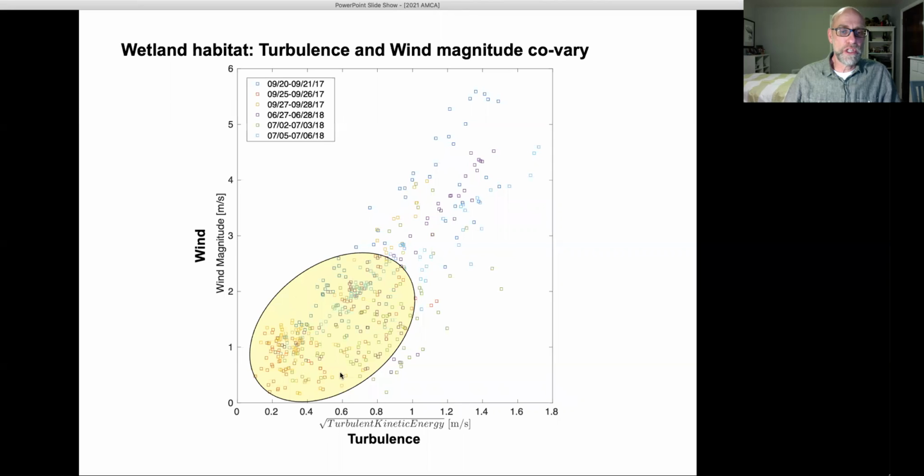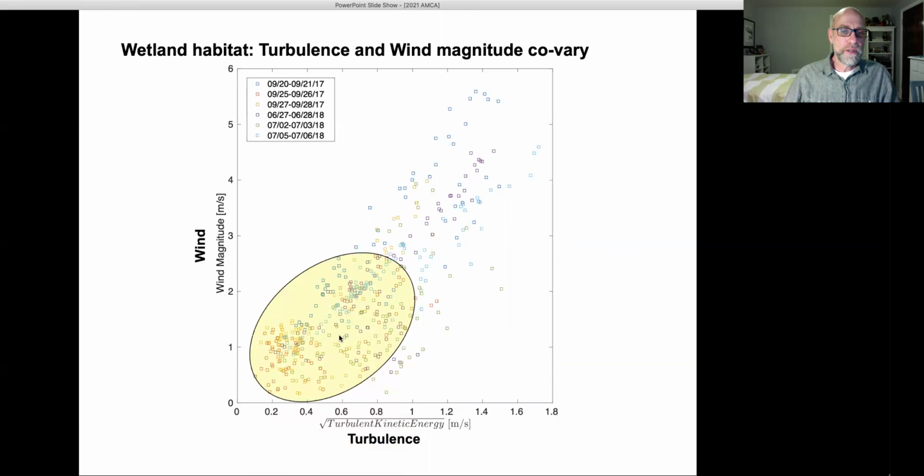So you can see this is a bounded range centered around about half a meter per second in turbulence and about 1 meter per second in the wind. These are data from the wetland habitat, trap catches in wetland habitat. So this is the range of turbulence and wind magnitudes over which trap catches occurred.